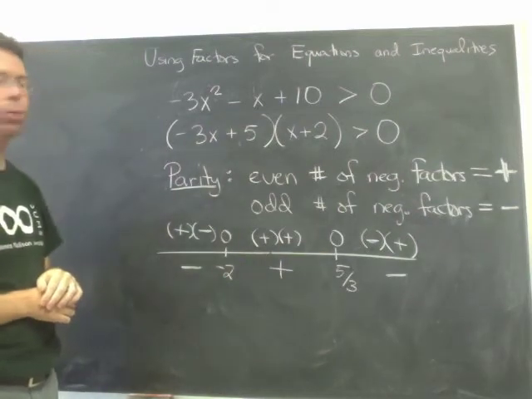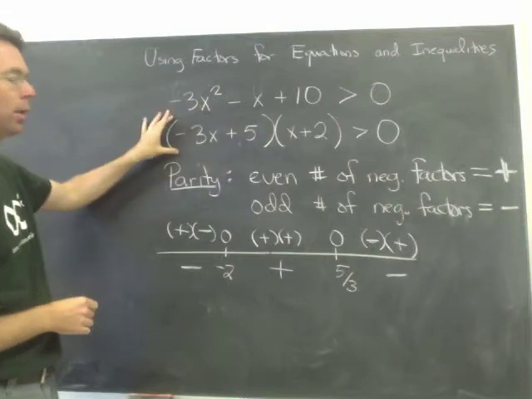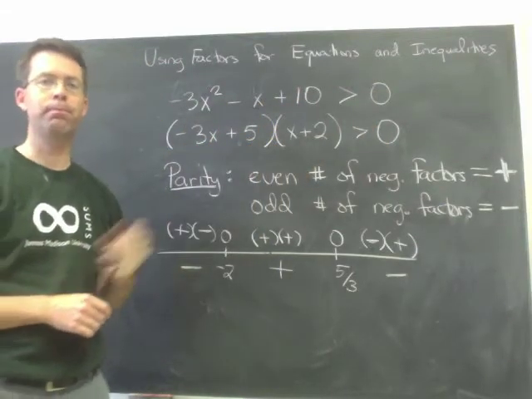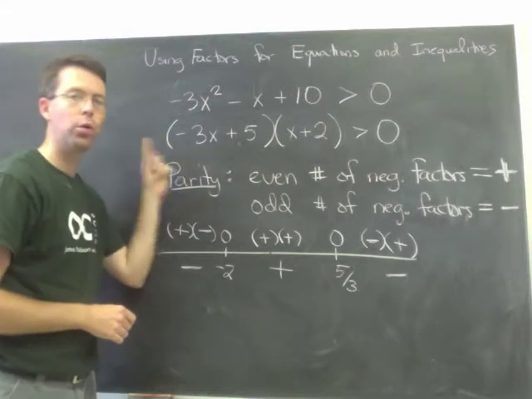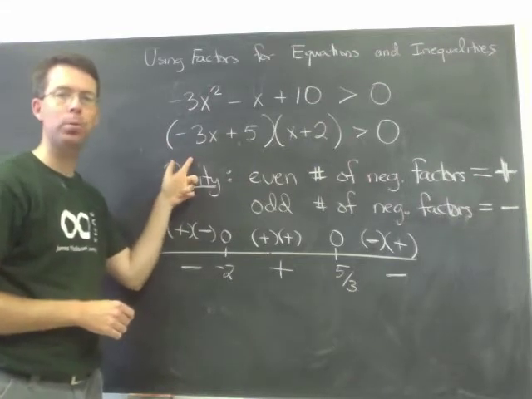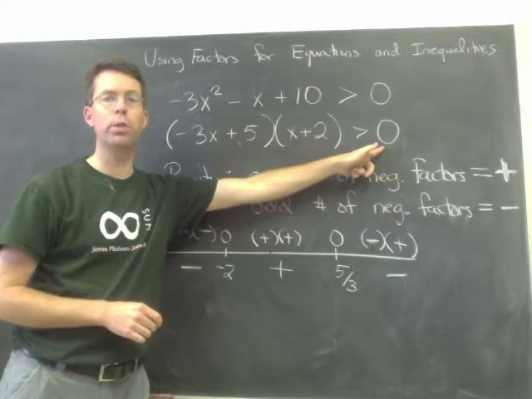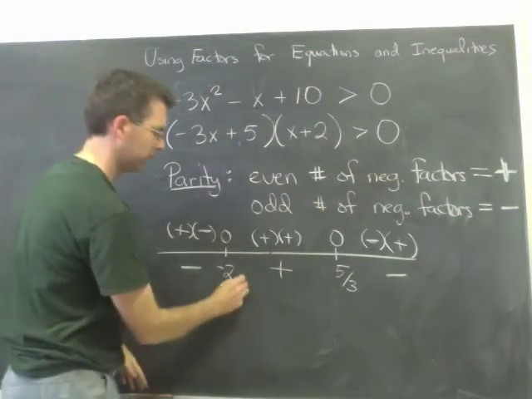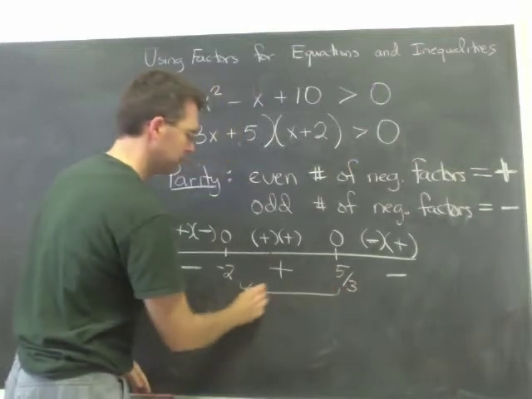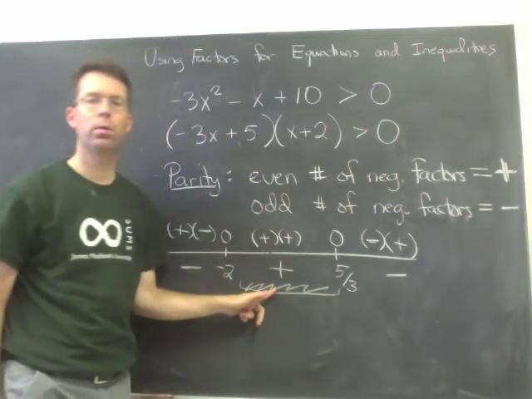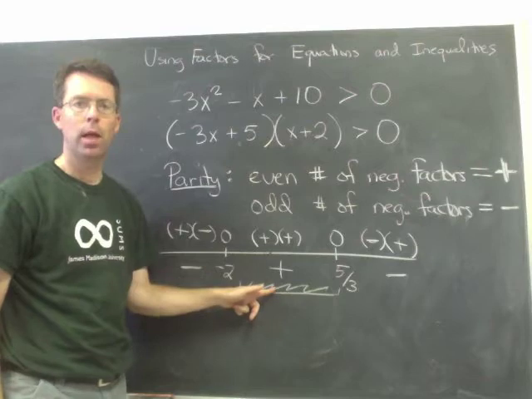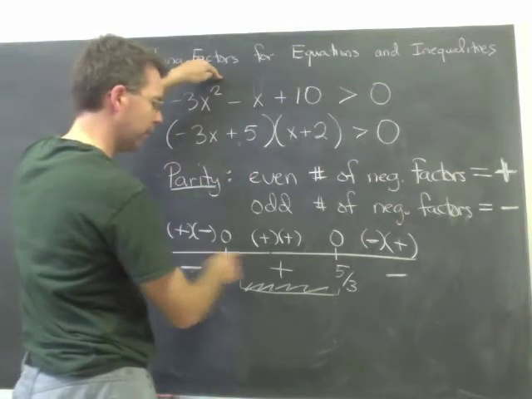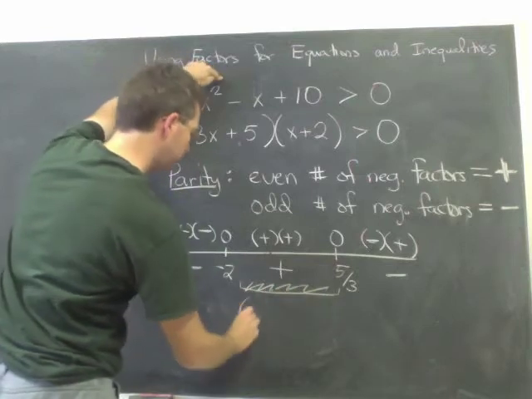My original inequality was asking, when is that product greater than 0? Which means positive numbers. That corresponds to this middle interval. And so the solution to my inequality is the interval from -2 to 5/3.